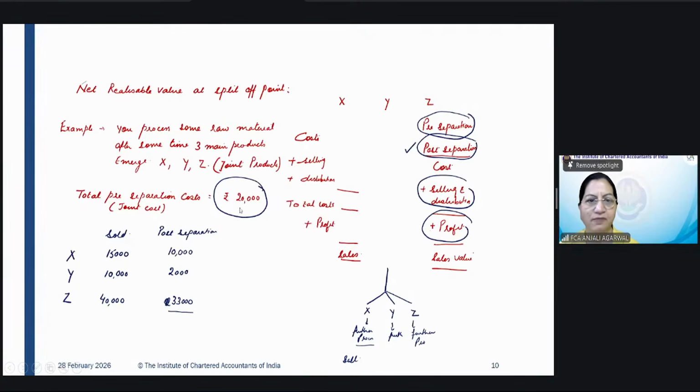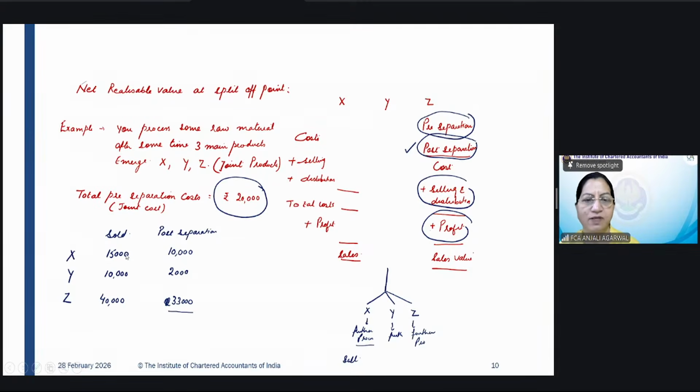But if no physical measurement is available, we simply know that the three products are sold at this value and you have incurred some expenditure even after separation, then you will follow the net realizable value method at split off point. So we have the realizable value or the sale value after further processing.